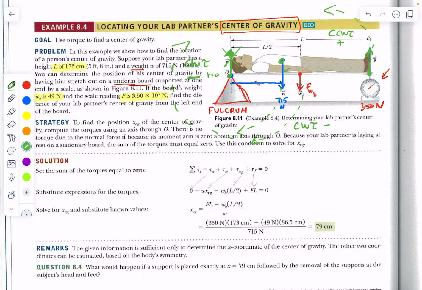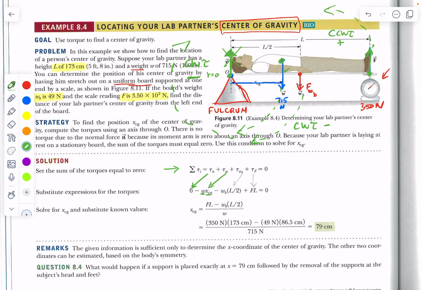So now when we come down here and say that the summation of all the torques must equal 0, the torque caused by the fulcrum is going to be 0. The torque caused by the guy's weight is going to be his weight, his mg, mass times gravity, times the radius, or we should say the distance to the fulcrum.